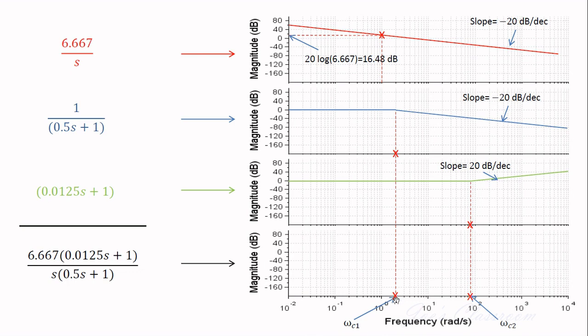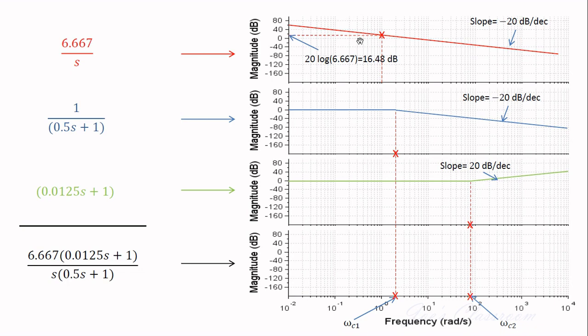Up to this first corner frequency, the third term contribution is 0 already, and the second term contribution is also 0 decibels. And therefore, if I need to sum up the magnitudes for frequencies lower than the first corner frequency, I need to consider only the first term.